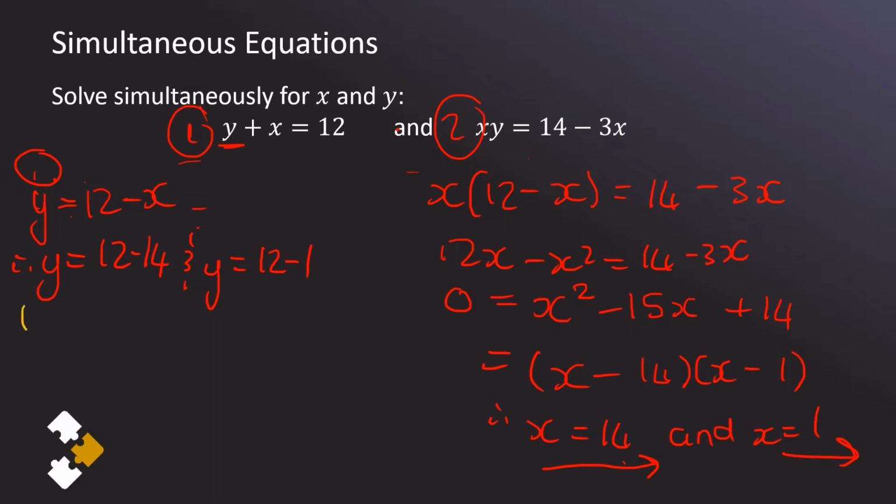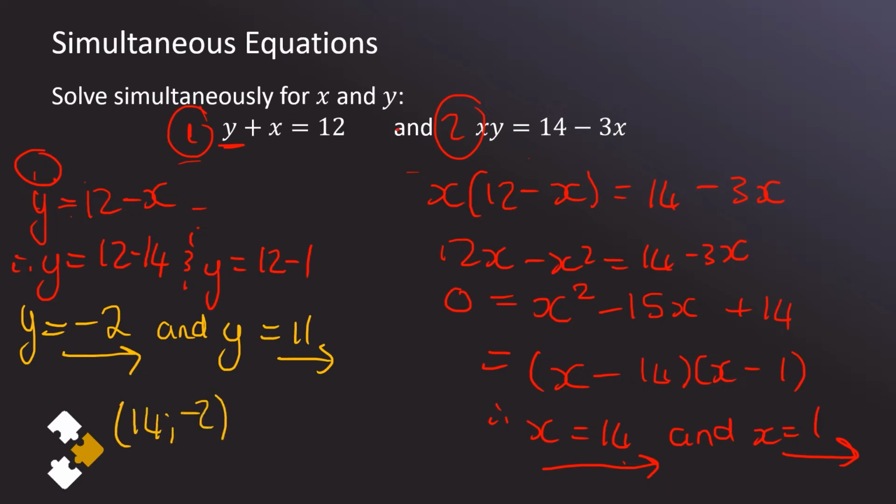In solving this, we'll get an answer of y being equal to negative 2 and y being equal to 11. If we were to depict this graphically, we would get 2 points: 14, negative 2, and 1, 11. And that is how you solve a simultaneous equation using substitution.